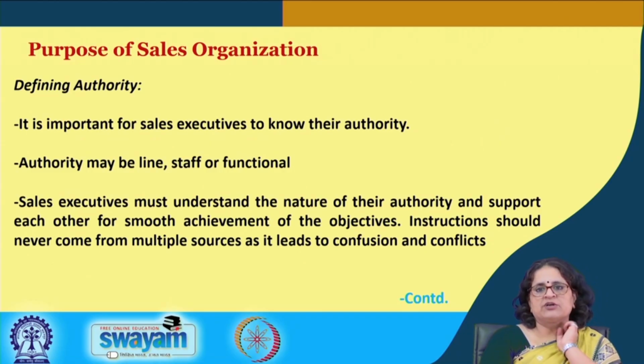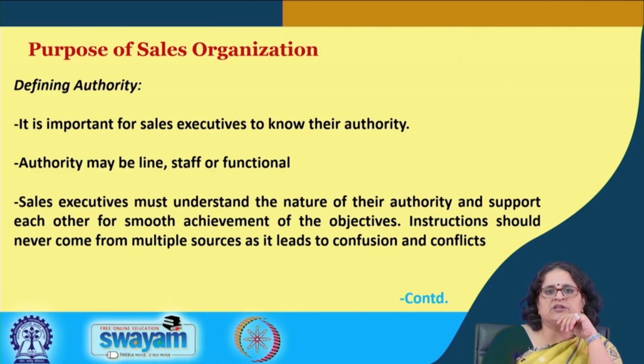Coming to defining authority, as we just mentioned, authority may be line, staff or functional. Authority is line when the person who is delegated the line authority is directly responsible for achieving the objectives of the sales function. It is staff when he or she performs a support function and helps the line.